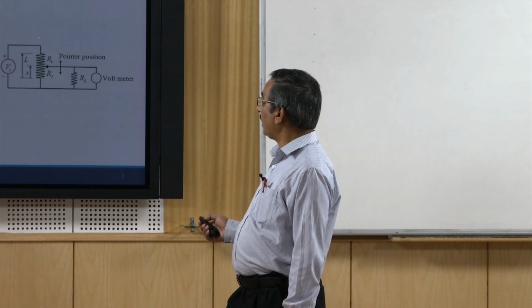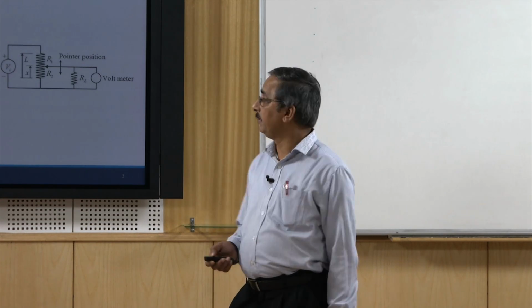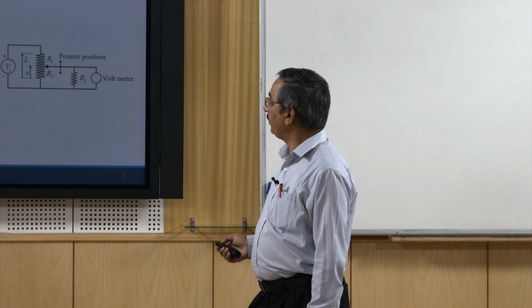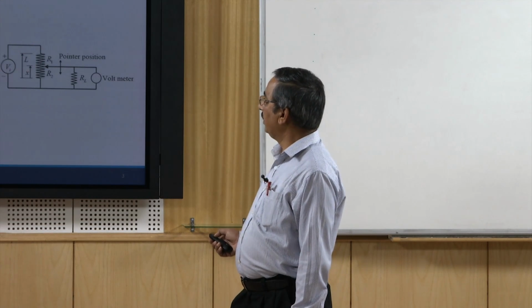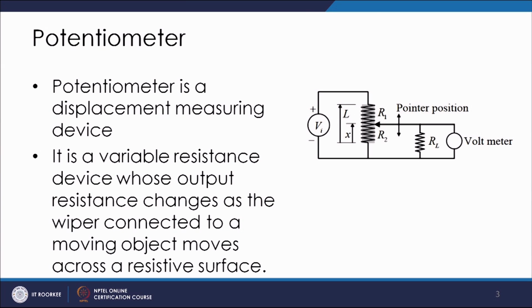Here I will just talk about a linear potentiometer. The potentiometer, as I said, is a displacement measuring device, and it is a variable resistance device whose output resistance changes as a wiper connected to a moving object moves across a resistive surface.